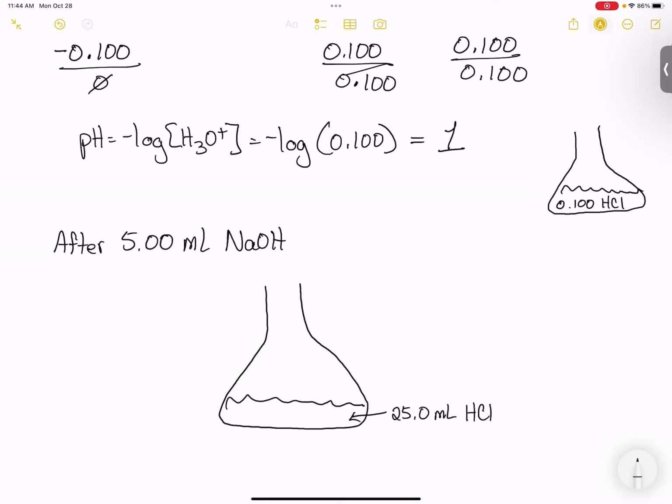But to that, you've added 5 milliliters of sodium hydroxide. So in other words, you don't have 25 mils of acid, they're going to combine.